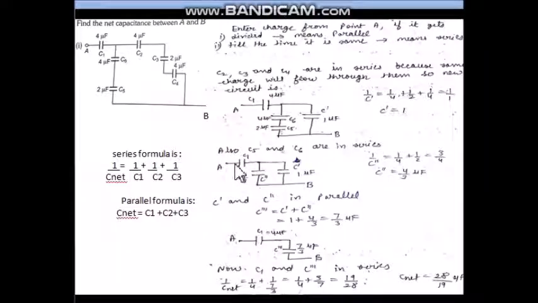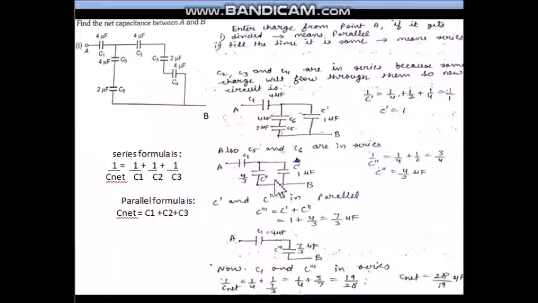Now this circuit is left with only 3 capacitors. Now think about these 3 capacitors. Can you easily identify which part is in series and which part is in parallel? Or you take the help of the charge procedure again. If the charge is entered from A, it will get divided.